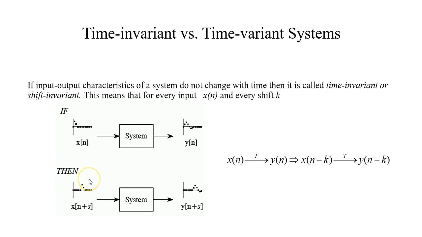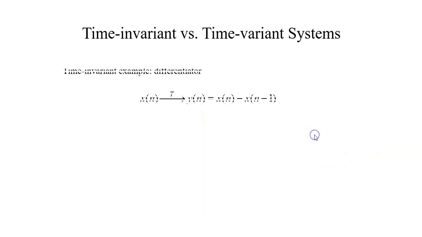Then in this case, if we have x of n plus k, the system gives y of n plus k, which means this system is time invariant. We shifted by time, and this will affect our input, and it is the same shifted by time. So x of n gives y of n, and x of n minus k will yield y of n minus k.